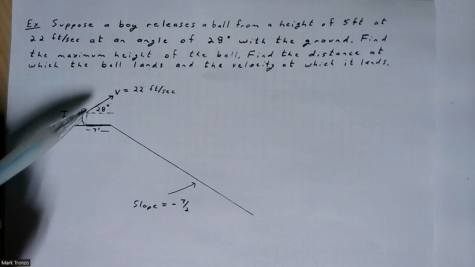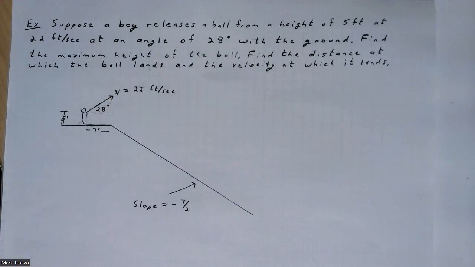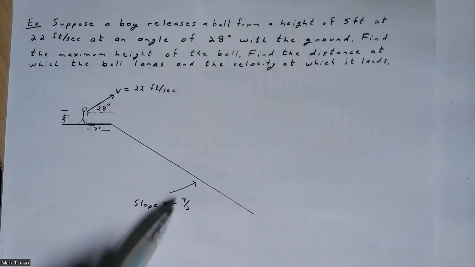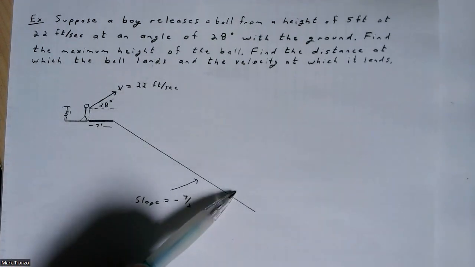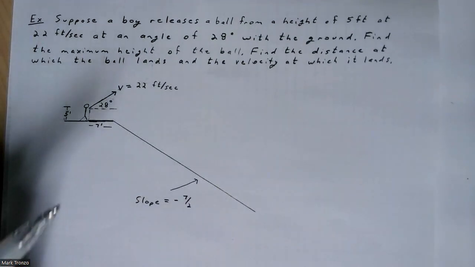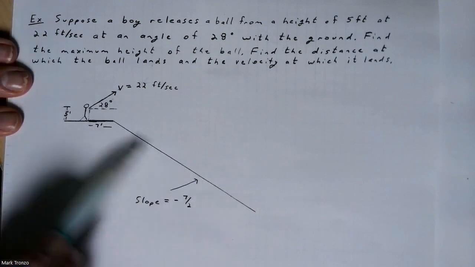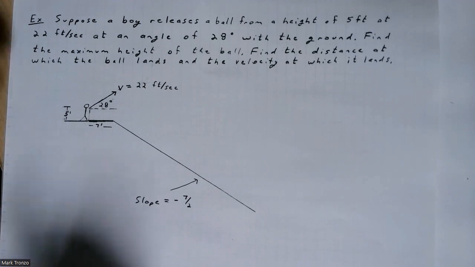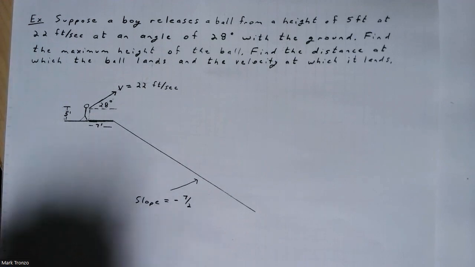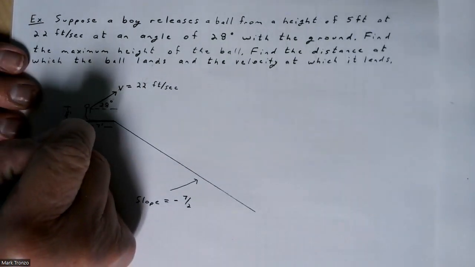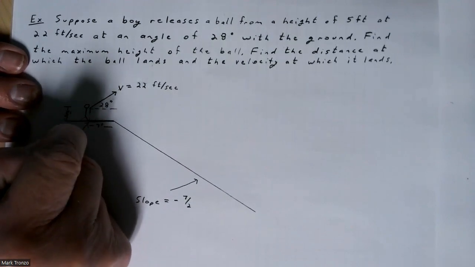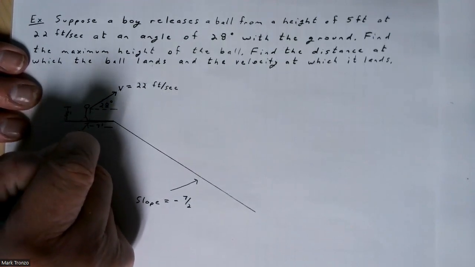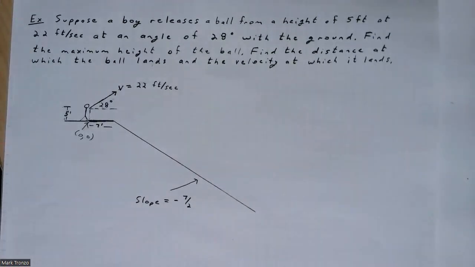So we've already calculated that equation. So now we have to figure out where the ball is going to hit this slope. And the easiest way to do that is to find an equation for this slope or this hillside here. And remember, we picked this point right here to be 0, 0.